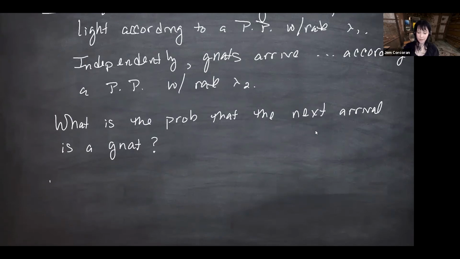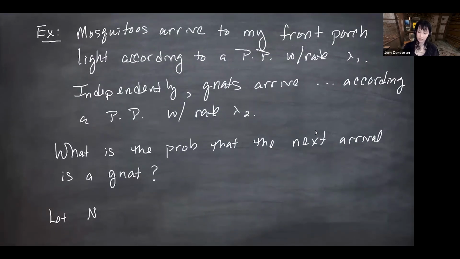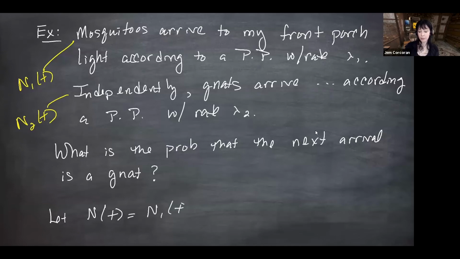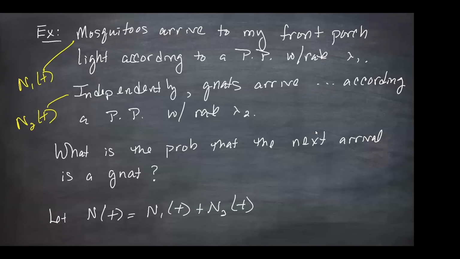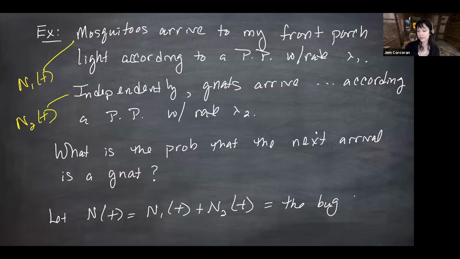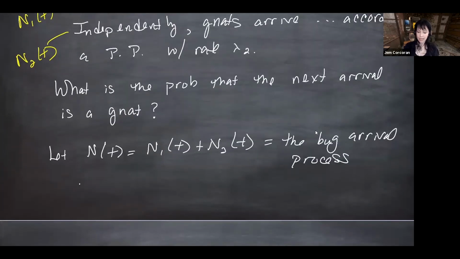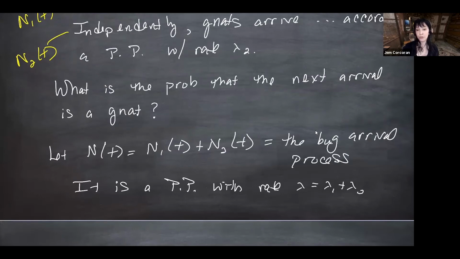And that's it. I didn't denote these, so I'm just going to say up here, this is the N1 process, and this is an N2 process. I'm going to define N of t, which is N1 plus N2, to be the bug arrival process for all gnats and mosquitoes. And we know by superposition it is a Poisson process with rate lambda defined to be lambda 1 plus lambda 2.